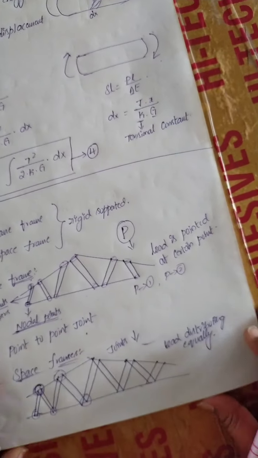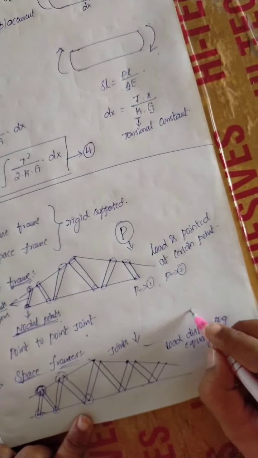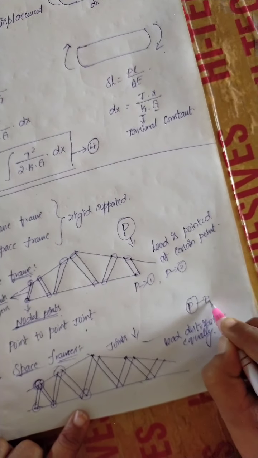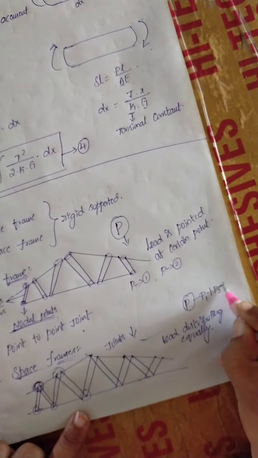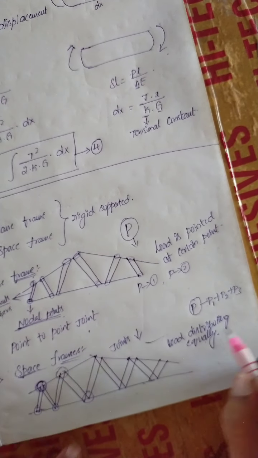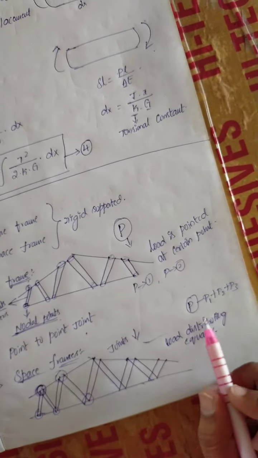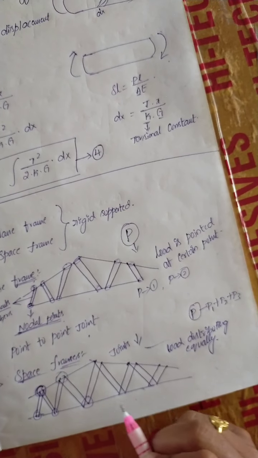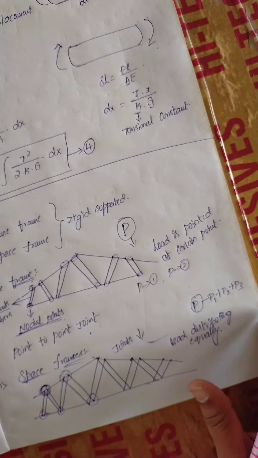But in a space frame, the same P load acting will be P1 plus P2 plus P3, all equal, where the P load is equally distributed among each and every member. Those are the advantages of the space frame.